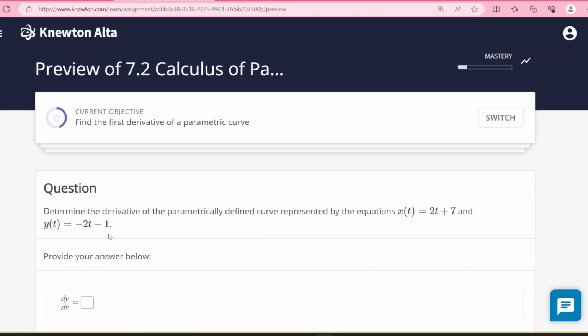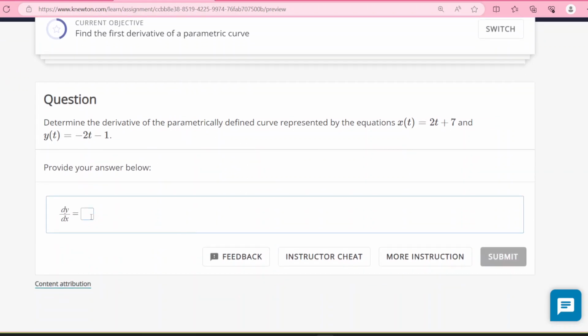All right, so just like before, give me an expression for dy/dx. How would I find the slope of the tangent line to this parametric curve at any value of t? This one's simple enough, so I'm just going to say it out loud. Remember, we're doing dy/dt over dx/dt, but these are both linear.